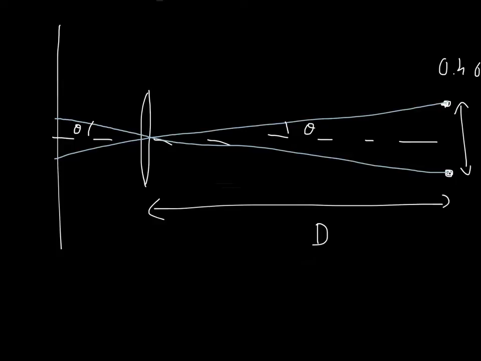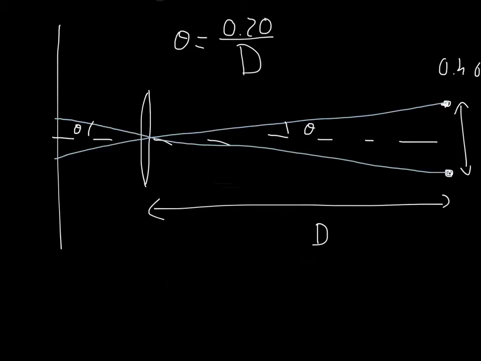And remember that the angle is the same as the tangent because the angle is very small. So this angle is going to be just this height, which is half of 0.40. This is 0.40, so this has to be 0.20 meters divided by d. So this is this angle.